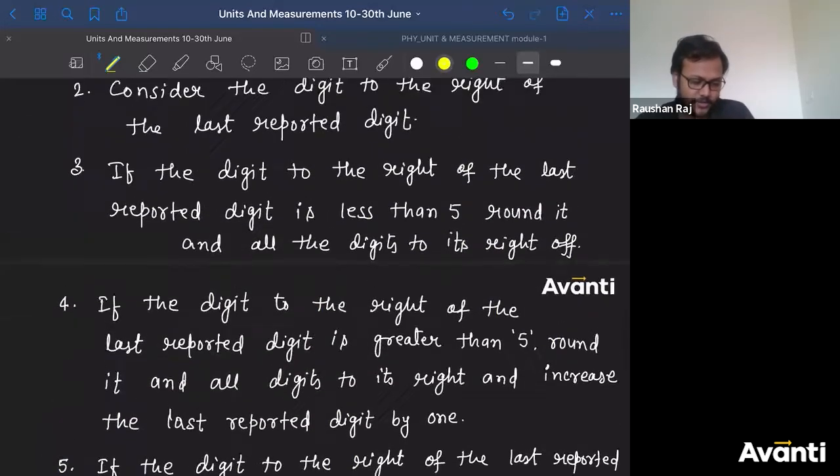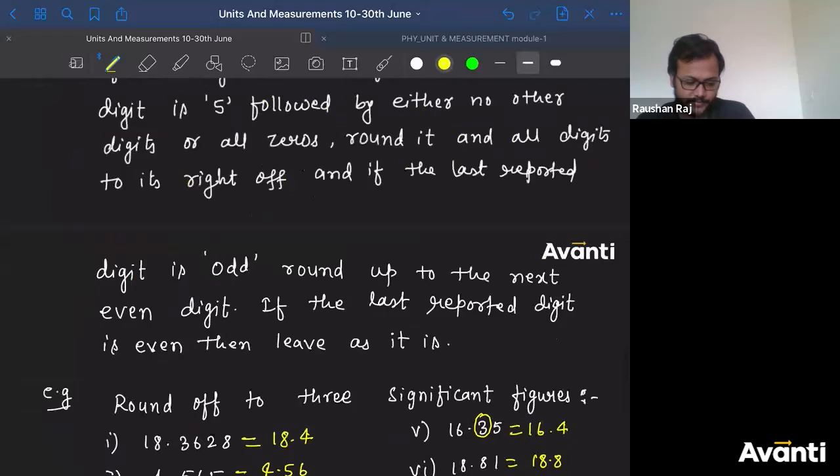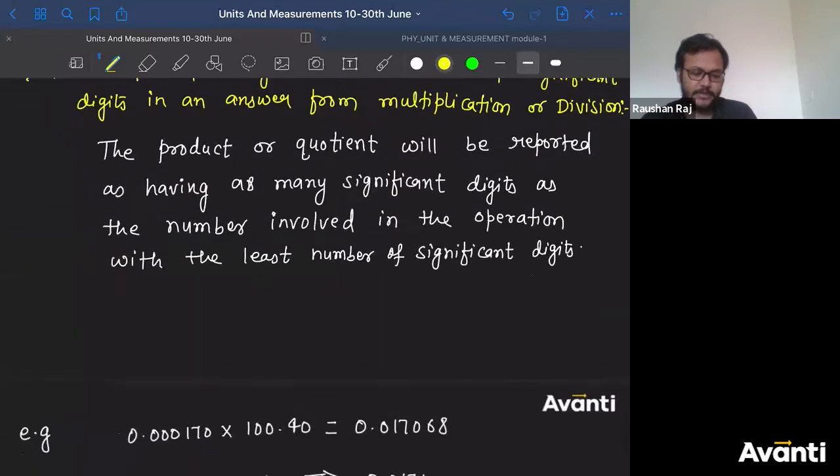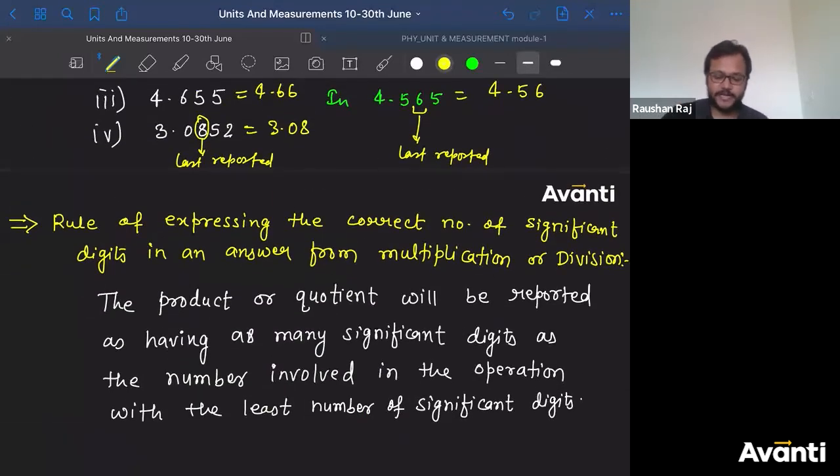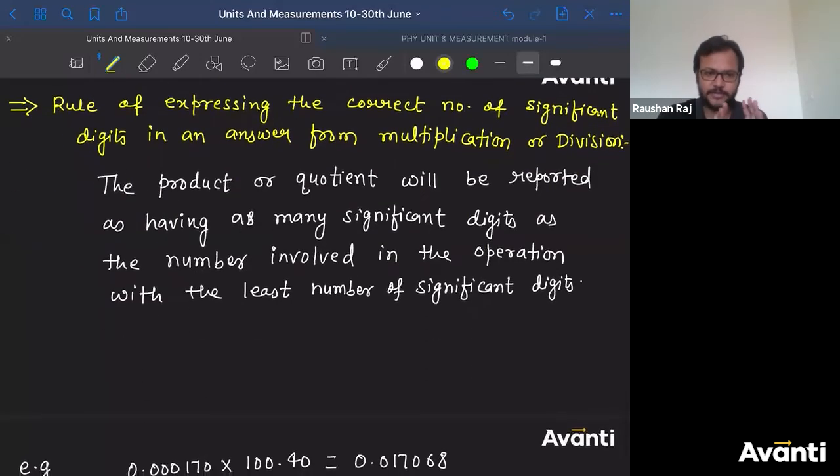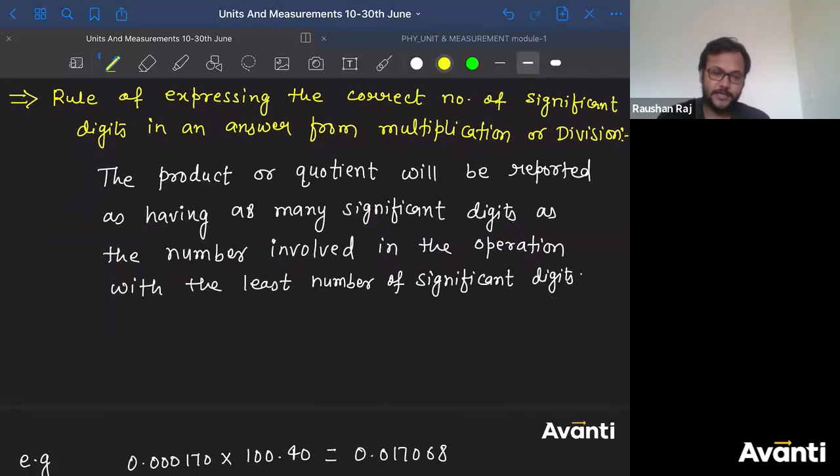Okay, now we are going to talk about multiplication. So, rules for expressing the correct number of significant digits in an answer from multiplication or division. If you multiply two measurements or divide two measurements, the number of significant digits has to be considered.